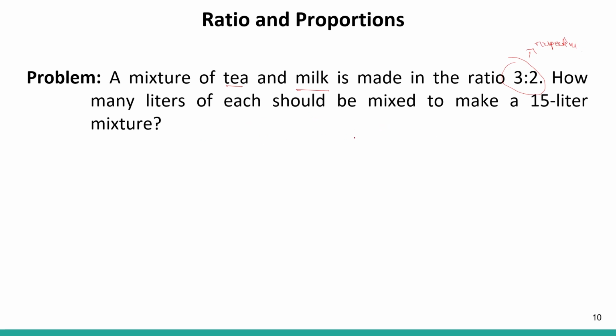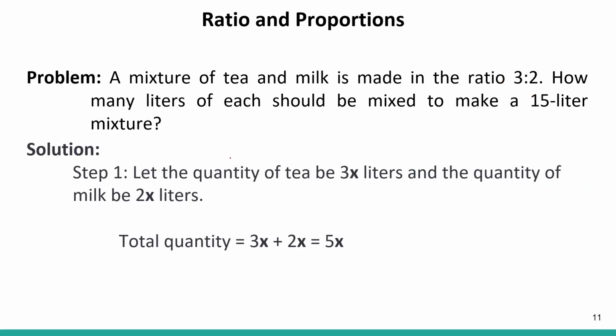The question asks us that if we want to make a 15-liter mixture, then how many liters of tea and milk will we need if we want to keep the ratio constant, and find out the additional milk and tea amount.